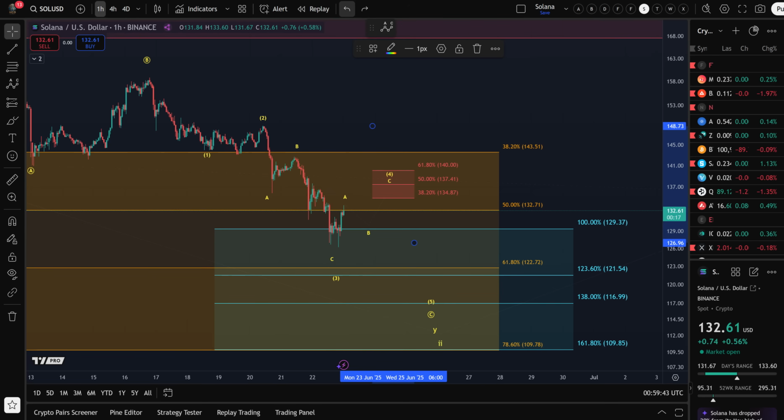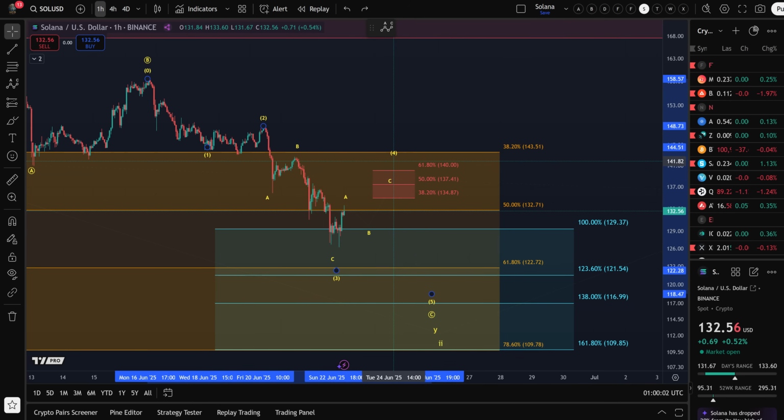See what happens overnight. What I can tell you is that a break above $140 doesn't mean the yellow count is invalidated, because that's the top of the resistance area. It just means that in this diagonal pattern to the downside, which we're tracking, the fourth wave is a little higher than what it ideally should be, which means that other scenarios become more likely.